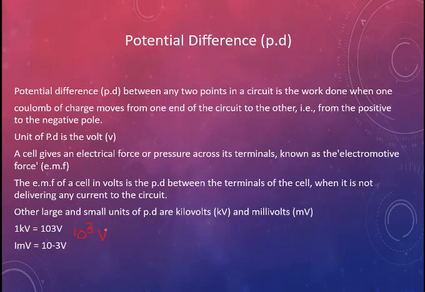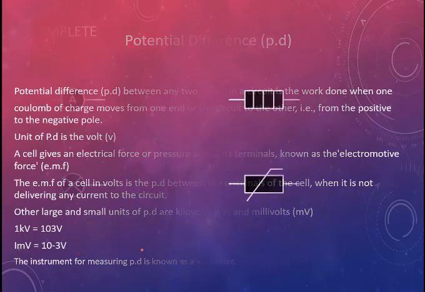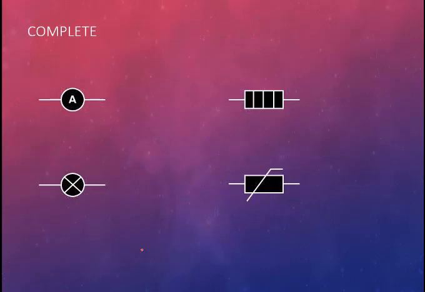Then 1 millivolt will be 10 raised to power minus 3 volts. The instrument for measuring PD is known as a voltmeter. Now let us complete this.